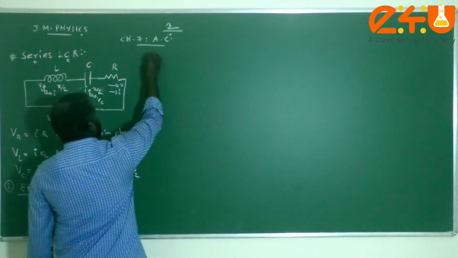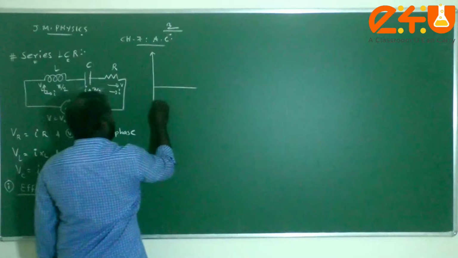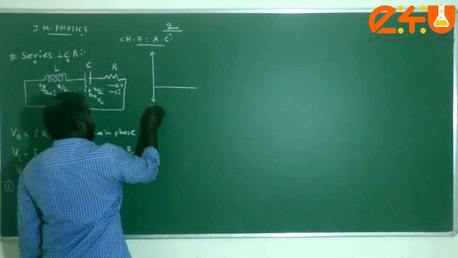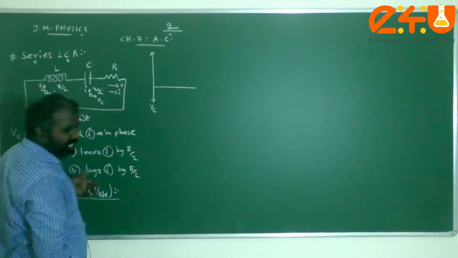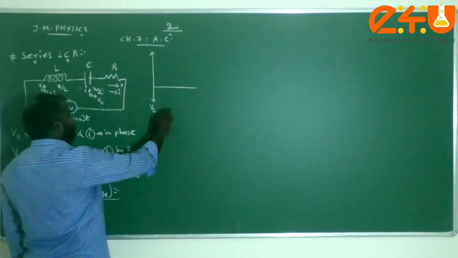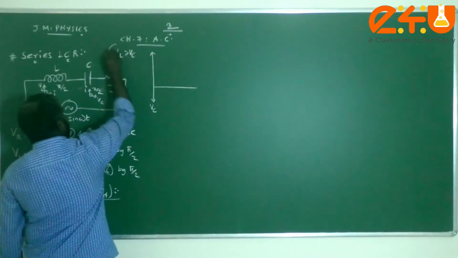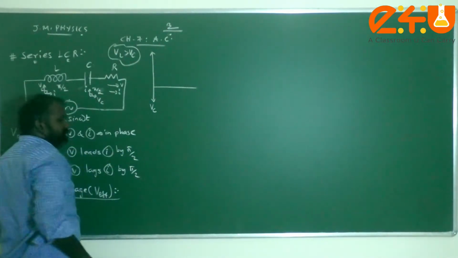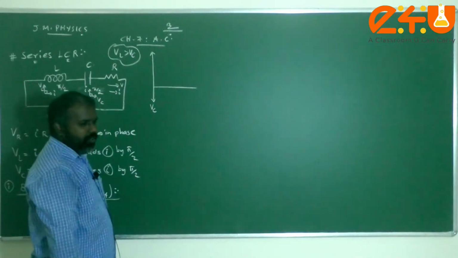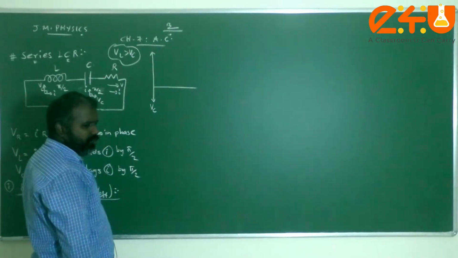For the voltage phasor diagram, in this circuit I can consider it inductor dominant. That means the value of VL is greater than VC. I am assuming this for convenience, but it depends on the problem. VL may be greater than, less than, or equal to VC.